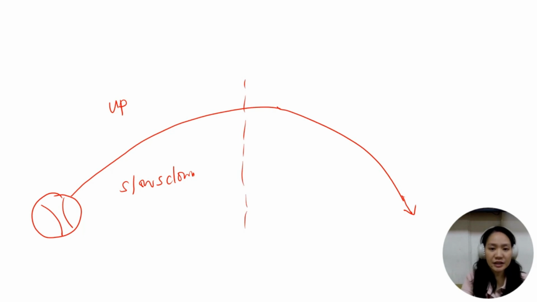But upon reaching the highest point of the trajectory, known as the apex, the object begins to speed up.